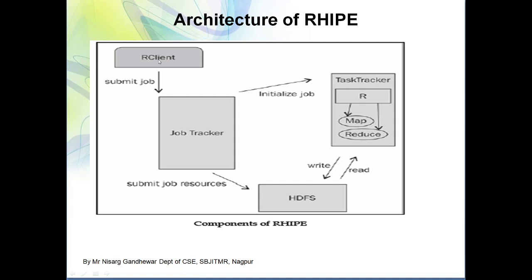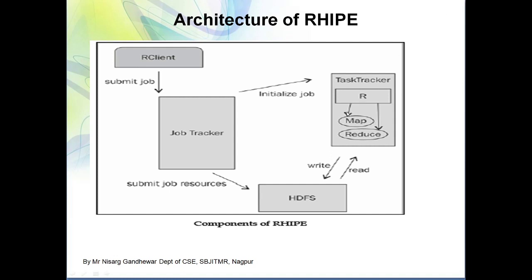So here you can see that our client will submit the job to the job tracker, then the job tracker will allocate it to different task trackers present at different nodes, because our ultimate aim is to use the capability of Hadoop. What is the main capability? Parallel processing and distributed computing.